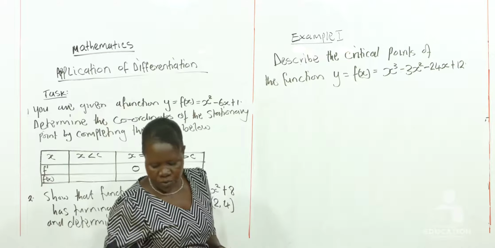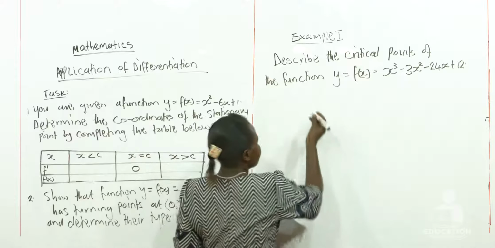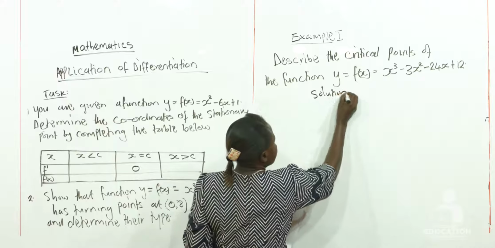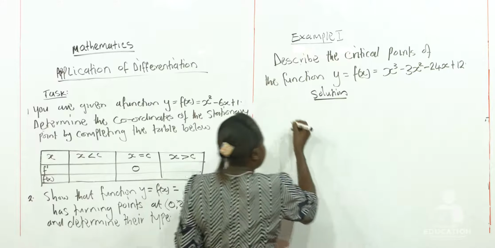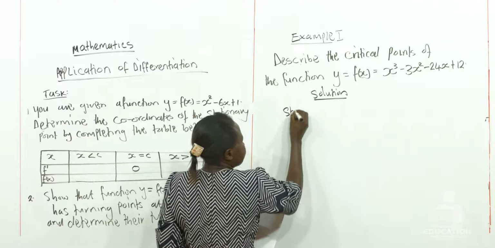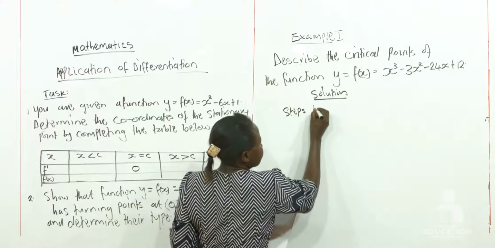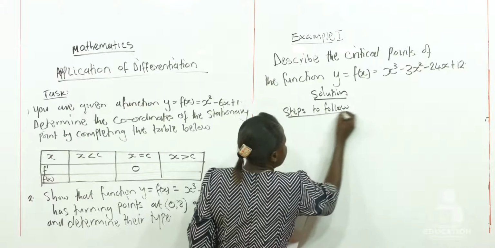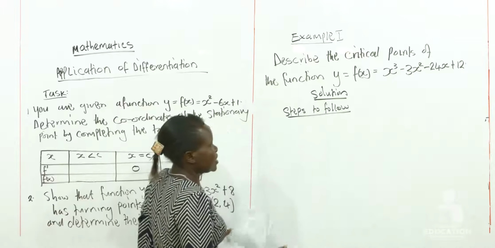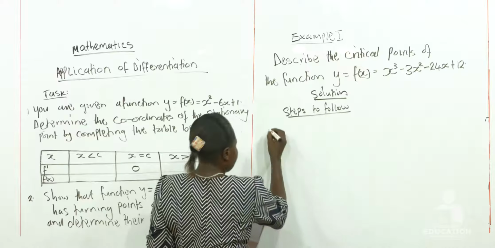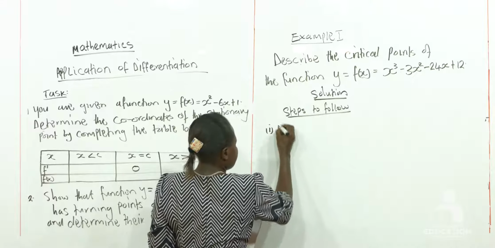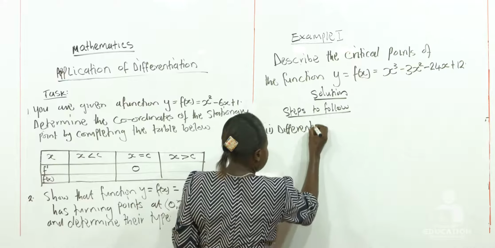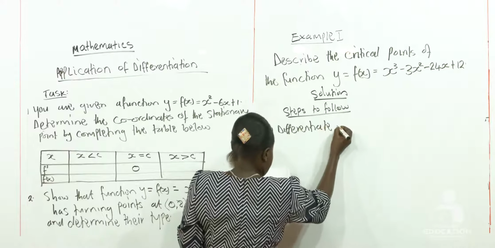So before we go to the solutions, I want you to take these steps down. Steps to follow. The steps that you have to follow when you are finding the stationary point. Step number 1, differentiate the function.